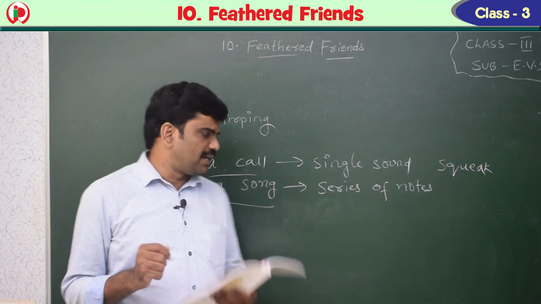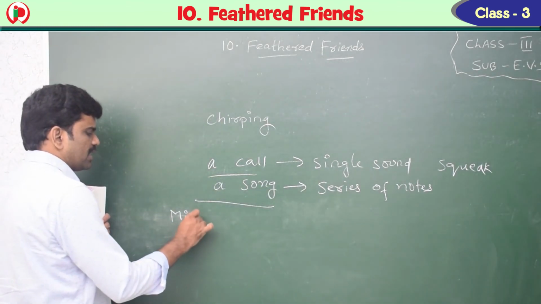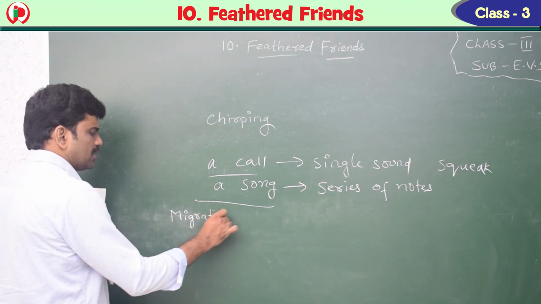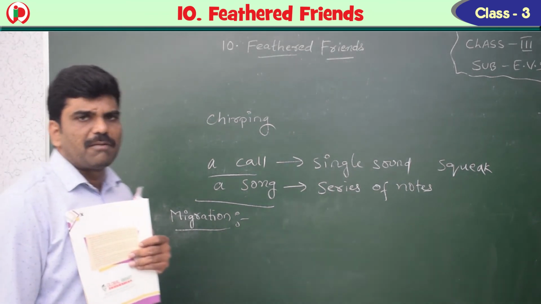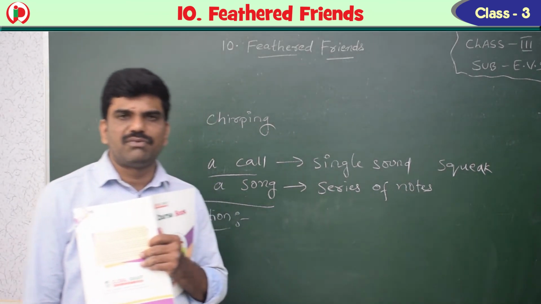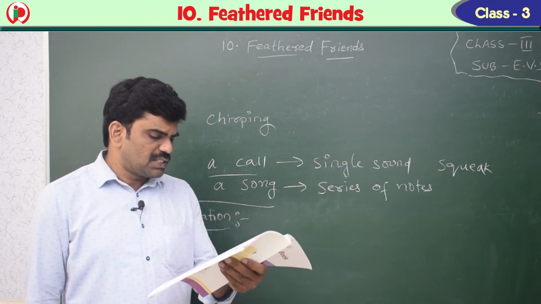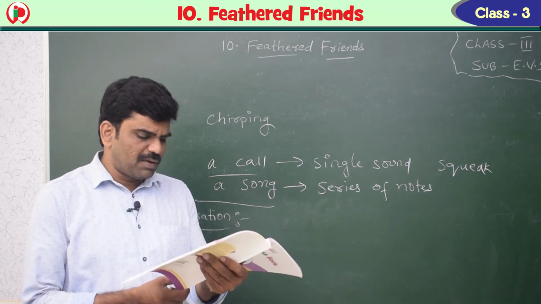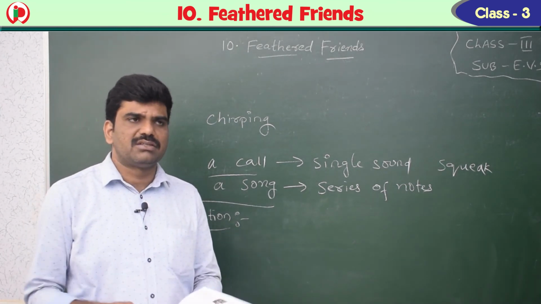Next one is migration. Children, I told you clearly that migration is the movement of the birds from one place to another place in search of food, shelter and mating. So some birds fly long distances to warmer places every year to escape from the extreme cold conditions.